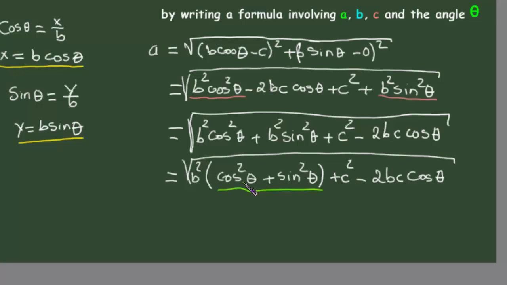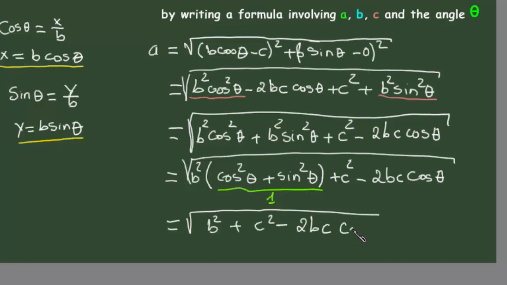Okay, as you can notice, cosine squared theta plus sine squared theta is a Pythagorean identity. It's going to be equal to 1, and therefore we continue with the square root of b squared, this is gone, is 1, plus c squared minus 2bc cosine of theta.